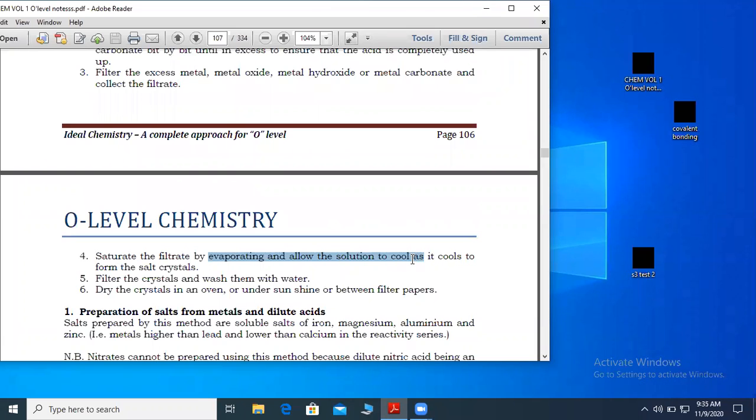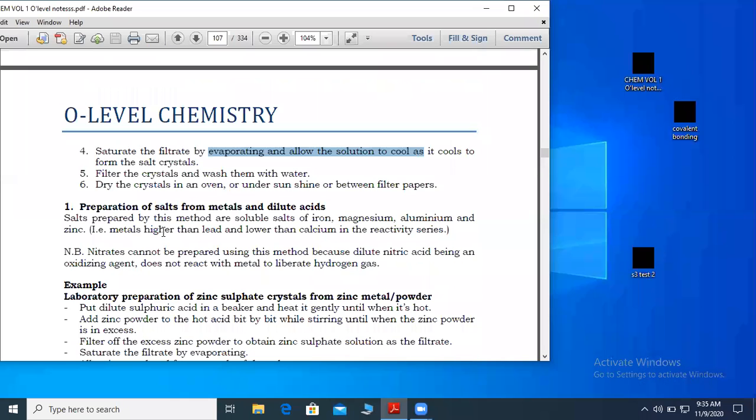And after saturating or driving off the water, you allow the saturated solution to cool, and as it cools, it forms crystals. What do you do to those crystals? Filter off those crystals and wash them with distilled water. Then dry the crystals by placing in an evaporating dish.